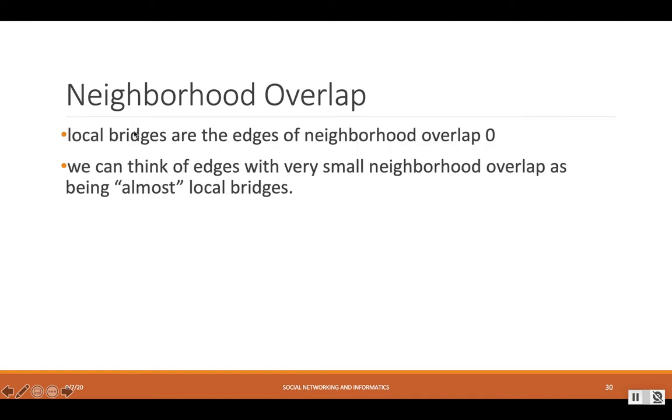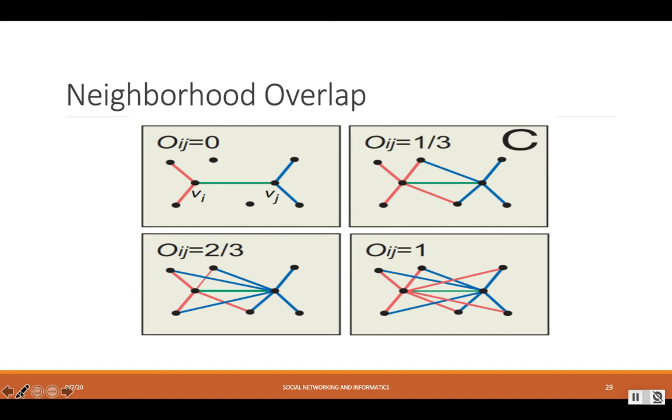So for the first example, we are going to calculate the neighborhood overlap. O_ij means the neighborhood overlap of edge Vi and Vj.